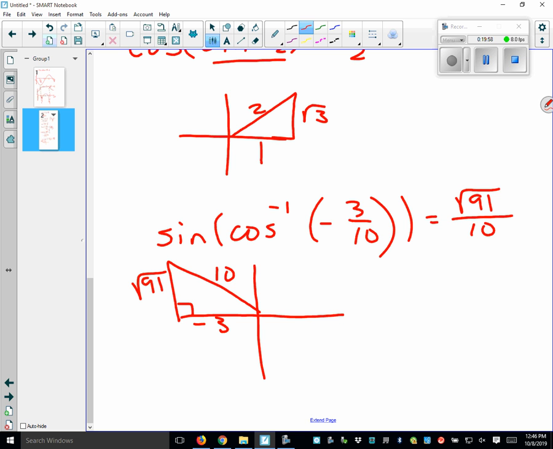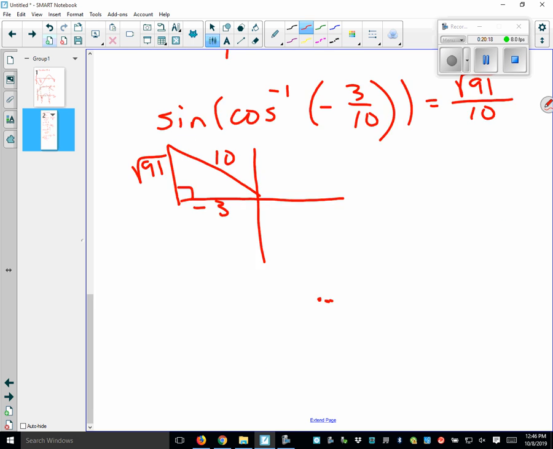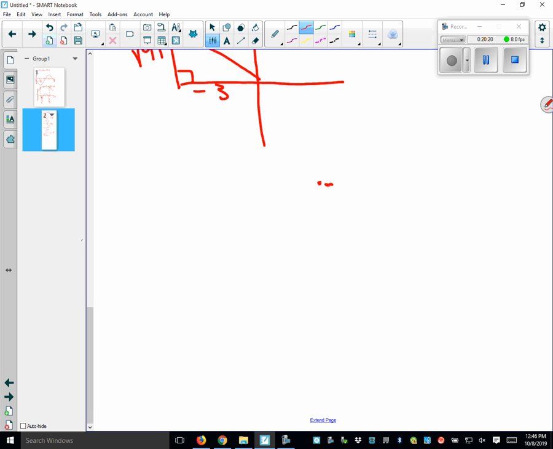this is what the test says. Use your calculator to find radians to 3 decimal places and degrees to the nearest 10. All right? So, knowing that, what is this?